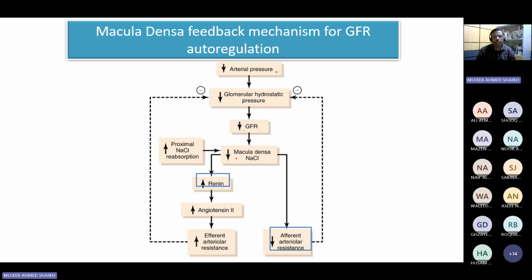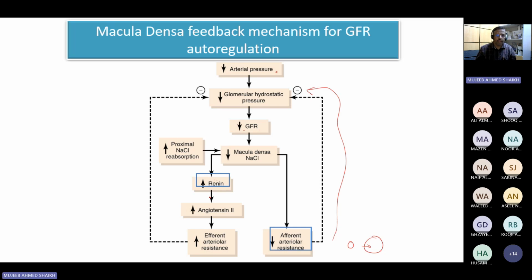Once the macula densa cells see decreased NaCl, it will cause two things: increased renin release, as well as decreased afferent arteriolar resistance. Previously the arteriole was like this, now it becomes slightly bigger, so resistance decreases. This is afferent arteriolar dilatation, so hydrostatic pressure comes back to normal.